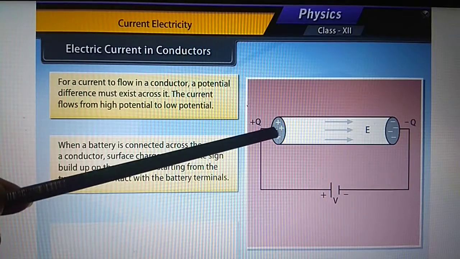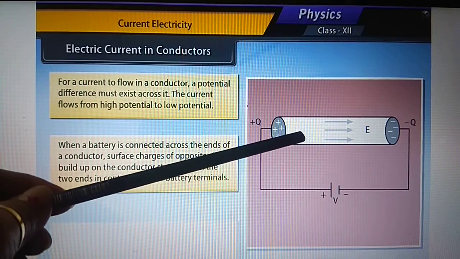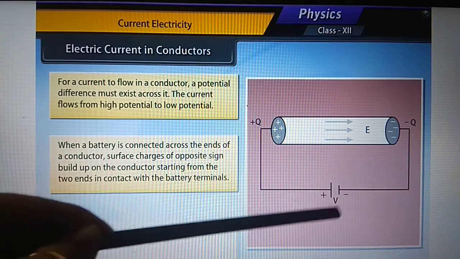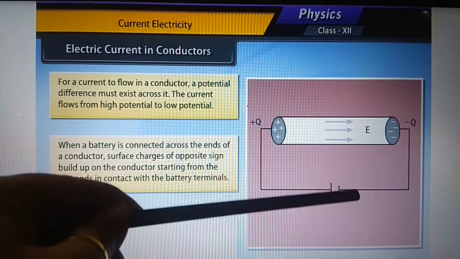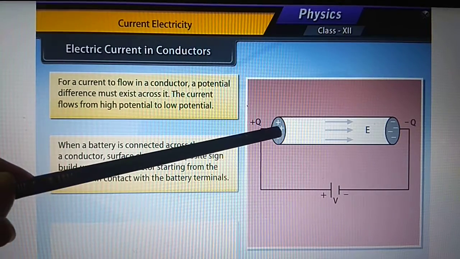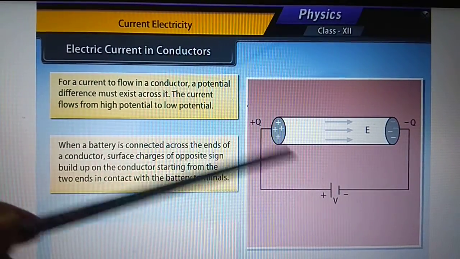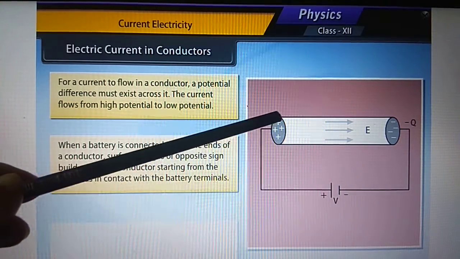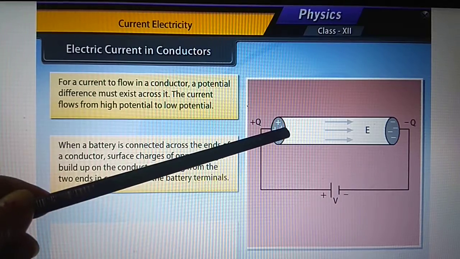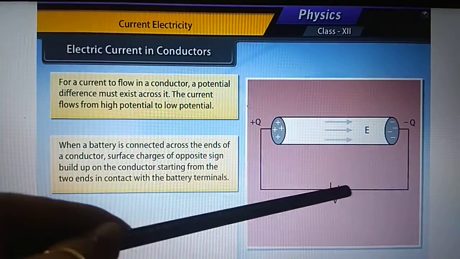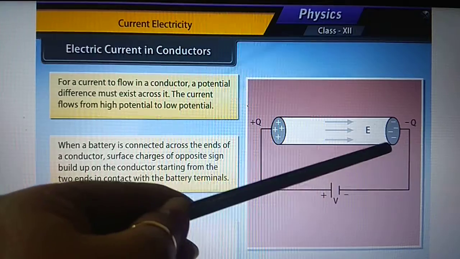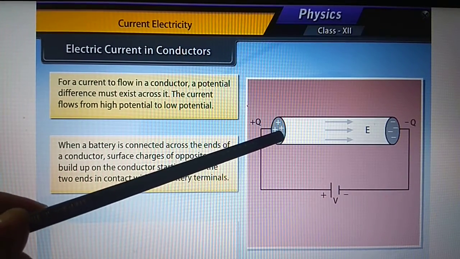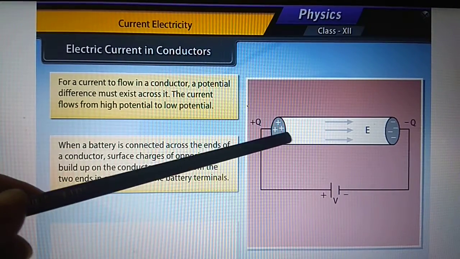So when we connect the conductor with the battery, due to this potential difference at the ends of the conductor, because of the positive terminal, positive charge automatically develops here, and because of the negative terminal, negative charges automatically develop at this surface.